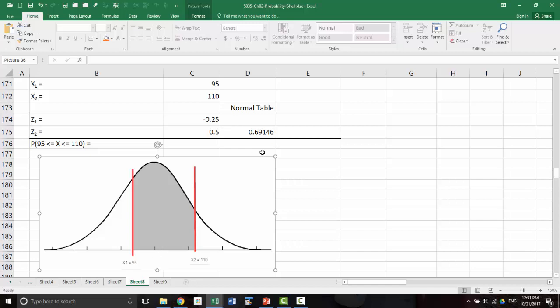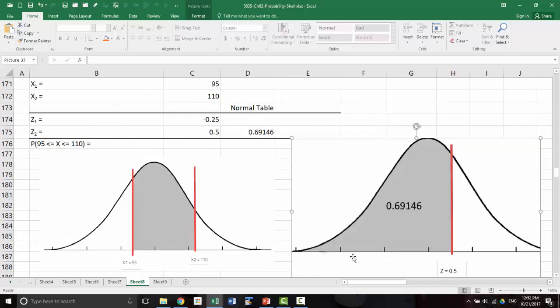Now this 0.69146 corresponds with this x value, so that is the entire cumulative probability. So corresponding with z of 0.5 you have this probability. Now we need to get rid of that part.